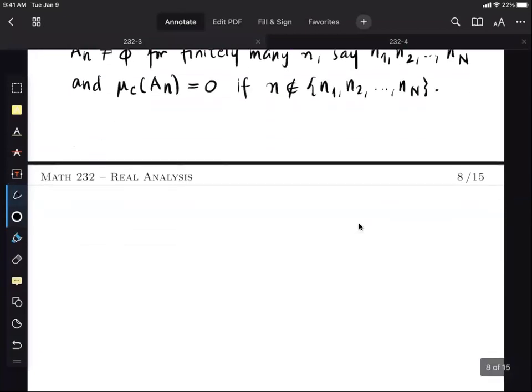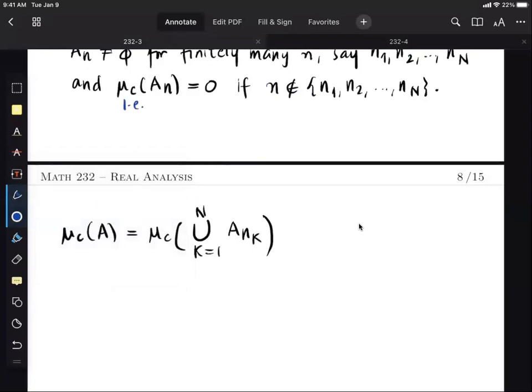So from this, you take the cardinality, or the number of elements of A, that would be the same as the cardinality if we take the union of sets having indices n sub k, k from 1 to capital N. Because if n does not belong to this set of indices, then take note that A is empty.